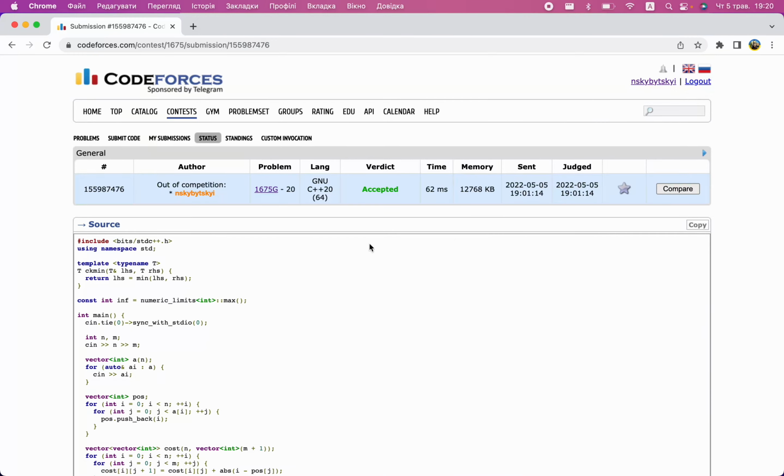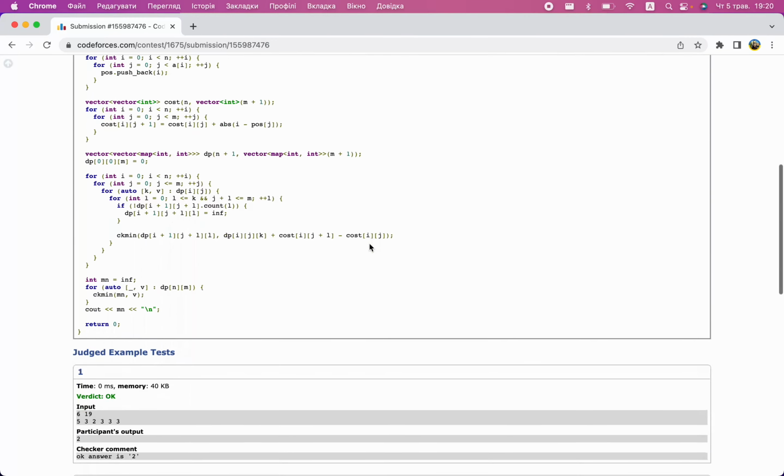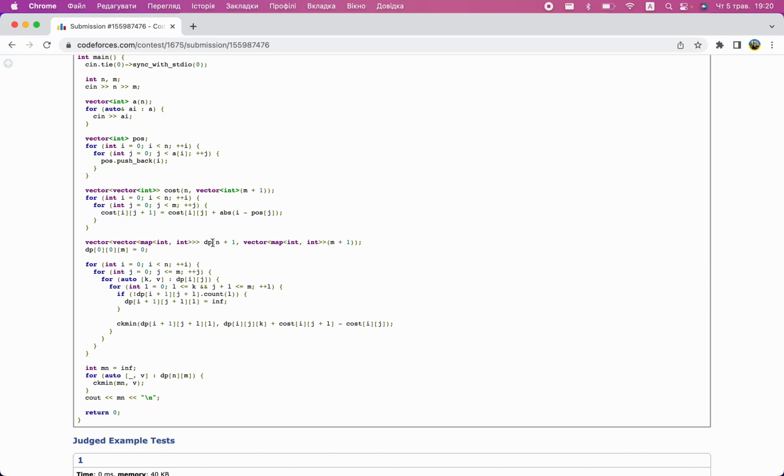So what I did was dynamic programming, but instead of finding ways to sort a prefix of dishes, I was basically trying to find a way to sort a prefix of pancakes, non-increasing.